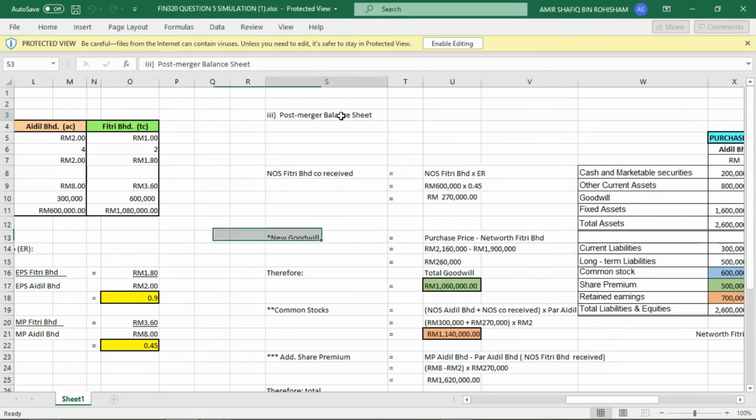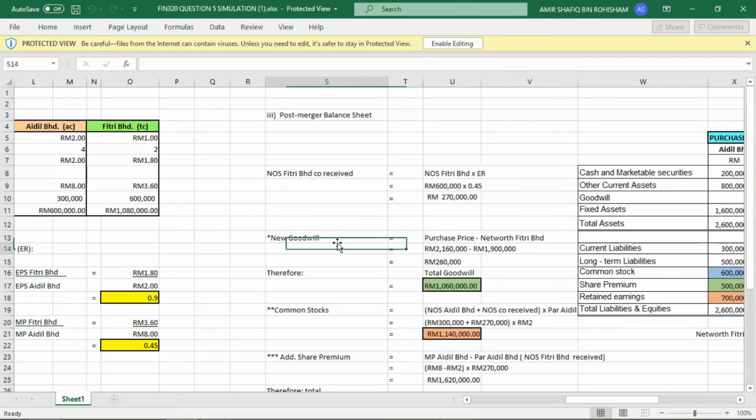Now to make the post-merger balance sheet, we use NOS Fitri Berhad received. NOS Fitri Berhad times ER, we get 600,000 times 0.5. We get 270,000.